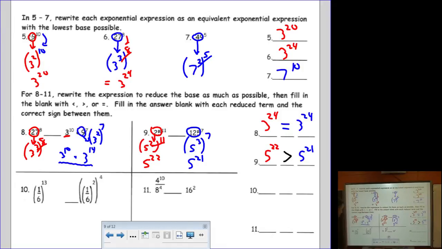Next up, the fractions. The first one is already simplified. But the other one, you need to use the power to a power rule. 1/6 to the 2nd to the 4th would really just be multiply those together. 1/6 to the 8th.